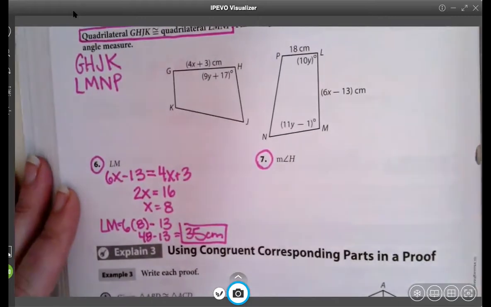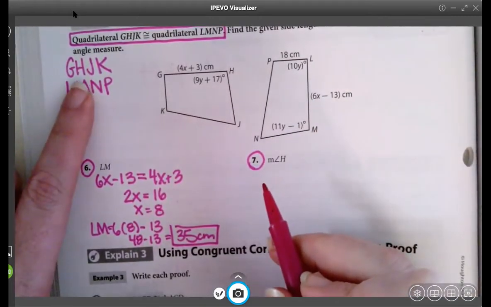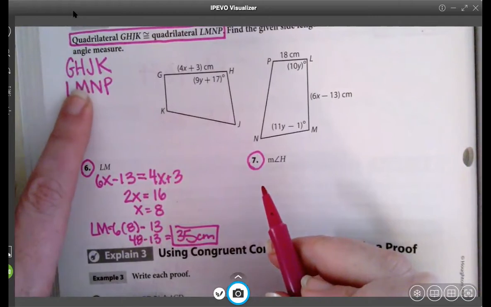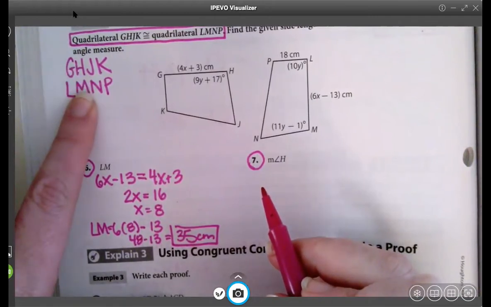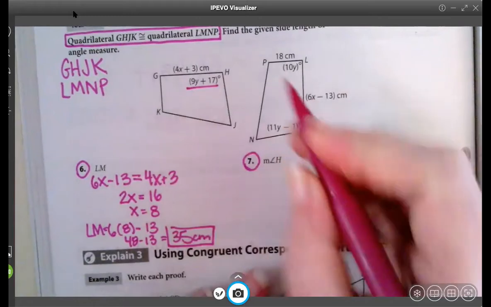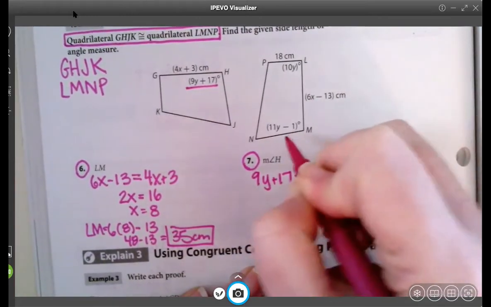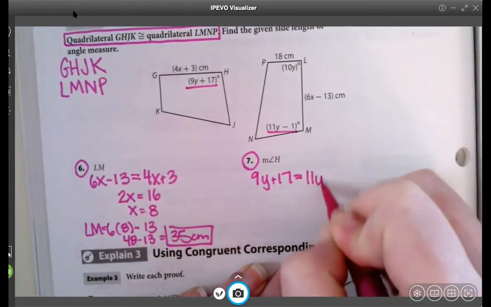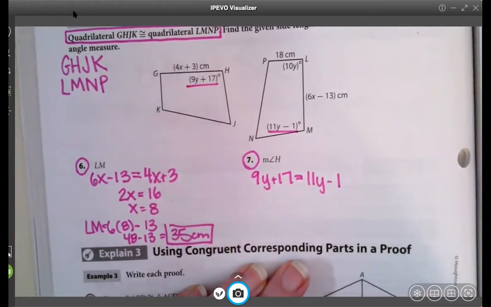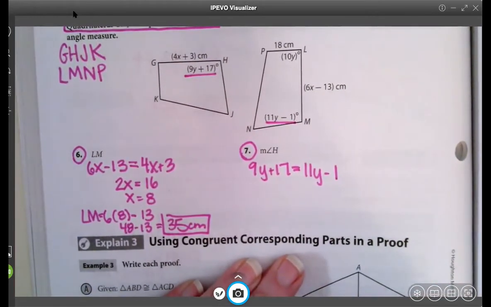Okay, so angle H. What should be congruent to angle H? Thank you. So H and M are congruent, so I'm going to set 9y plus 17 equal to 11y minus 1, because congruent basically means equals. If the angles are congruent, then their measures are equal.